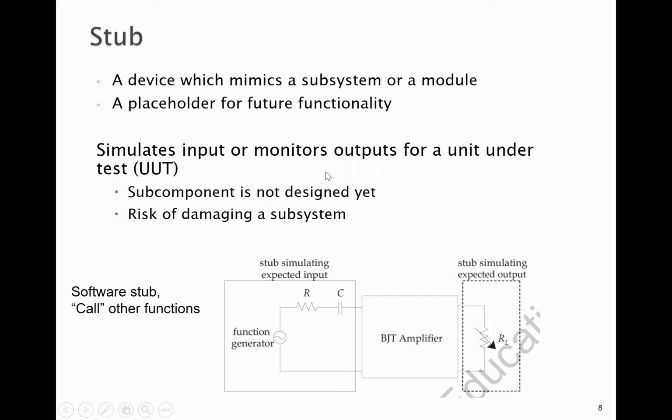So here we can simulate the function generator and RC components as a block using a device or software. And this is simply called a stub. So we can replace the system by a simulator, which functions as a stub. It gives exactly the same values that this block produces.